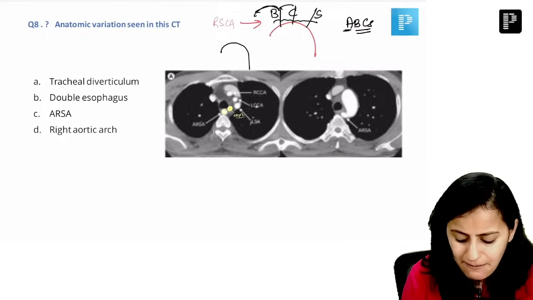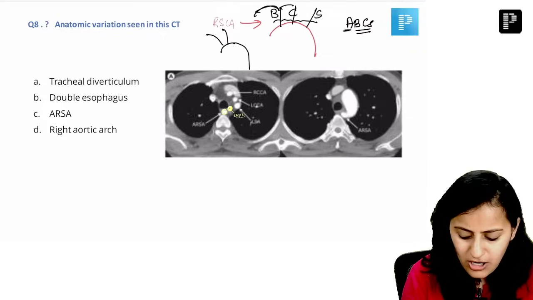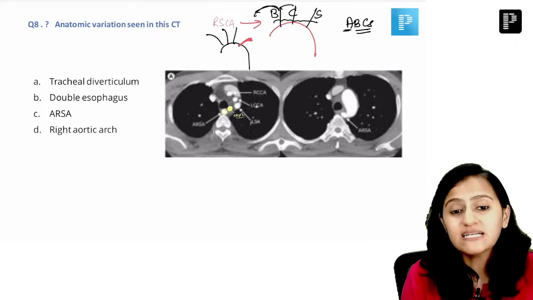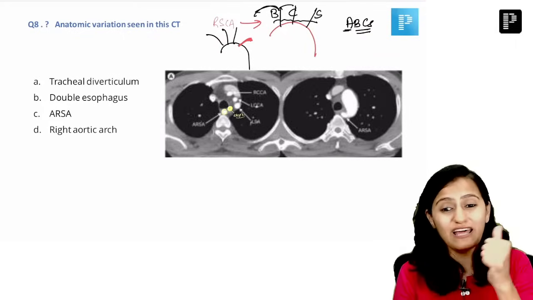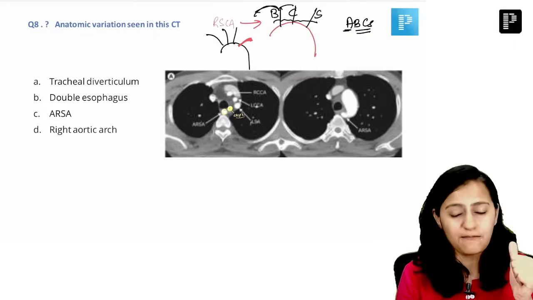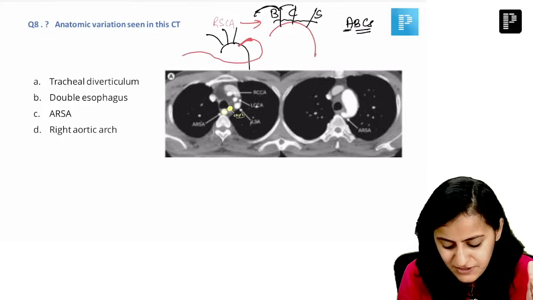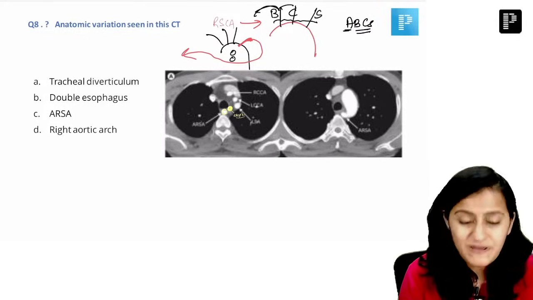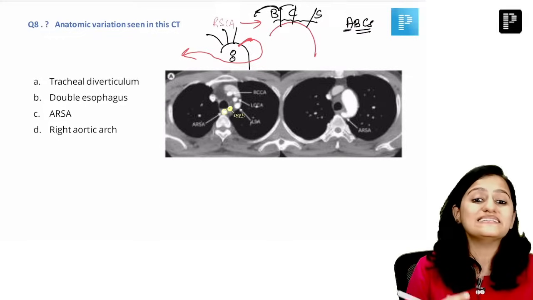What happens with aberrant right? You have right common carotid, left subclavian, and the last branch to come is the right subclavian artery. The leftmost branch is the right subclavian. From the left it goes to the right, and as it goes to the right, it goes behind the trachea and the esophagus.